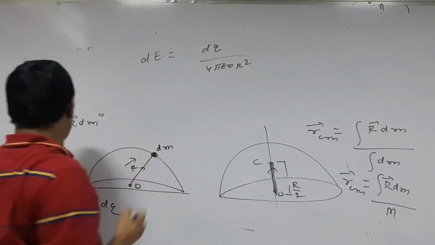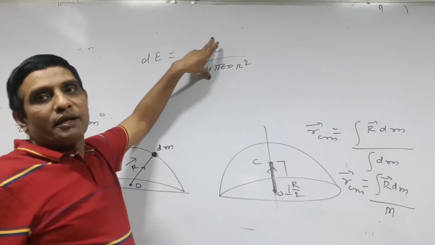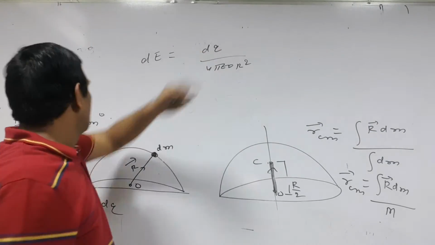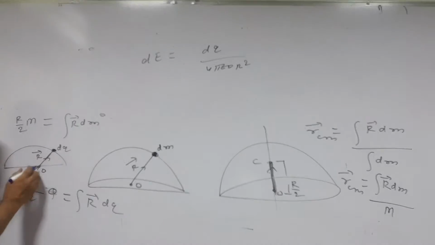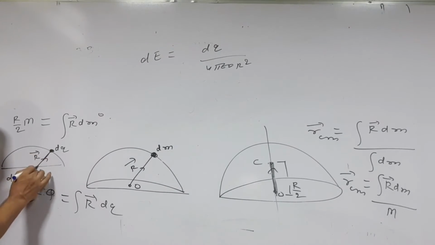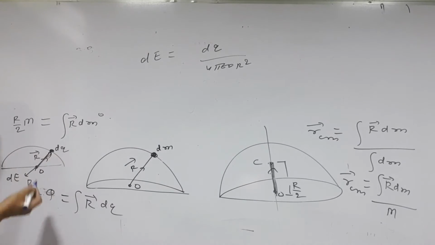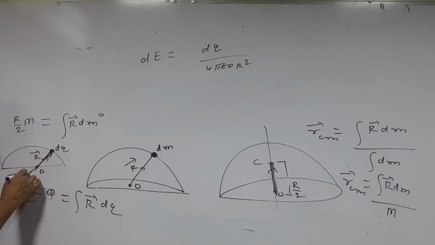This is the simple expression for electric field due to a point charge. But this will be directed in the opposite direction of vector r. We consider vector r in this direction, but we get the electric field due to dq in this direction.